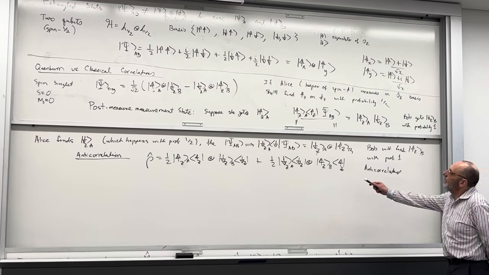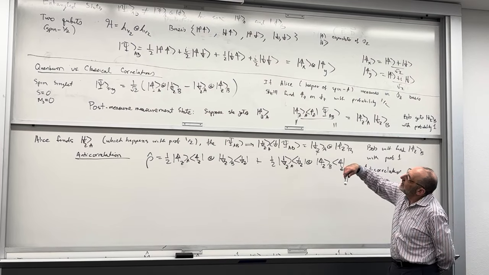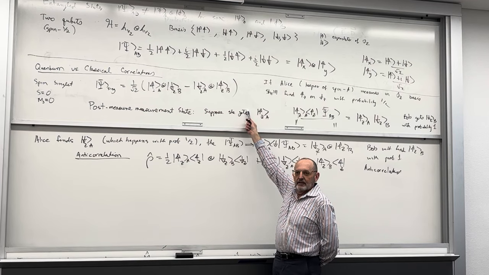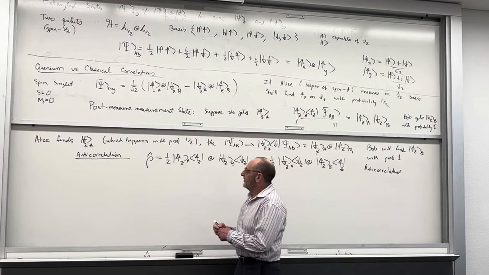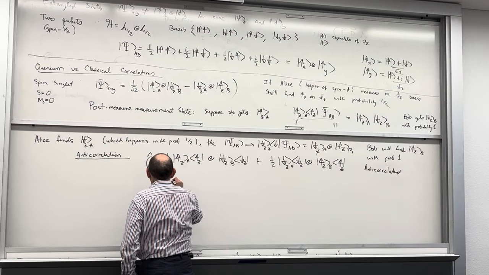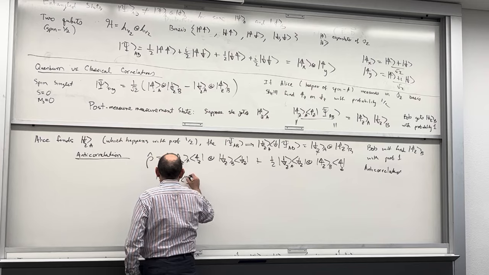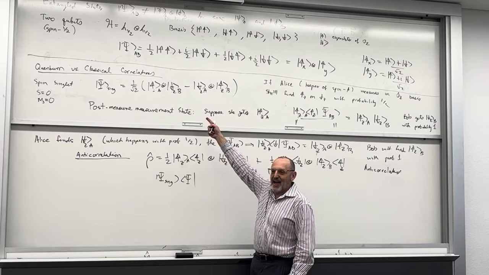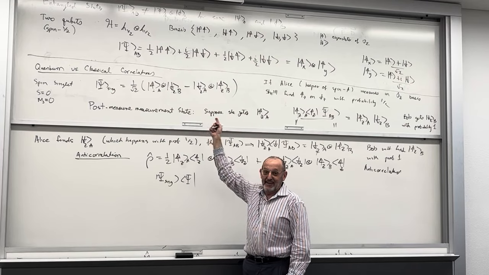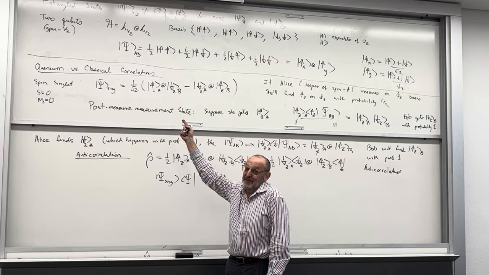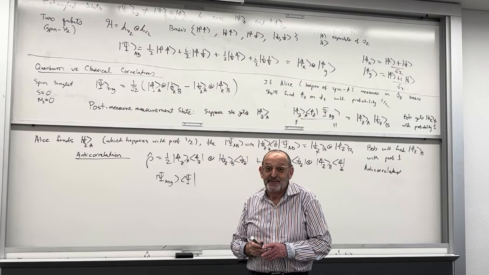But is this state the same thing as the singlet? No. The singlet state is that. And that state is going to have the cross terms in it that are related in some sense to quantum interference, right?